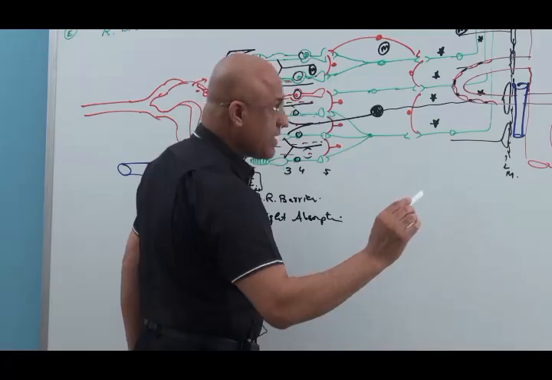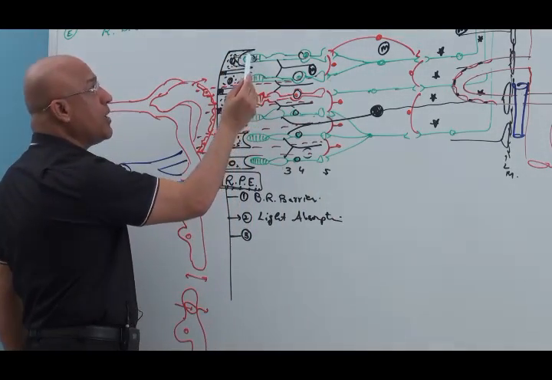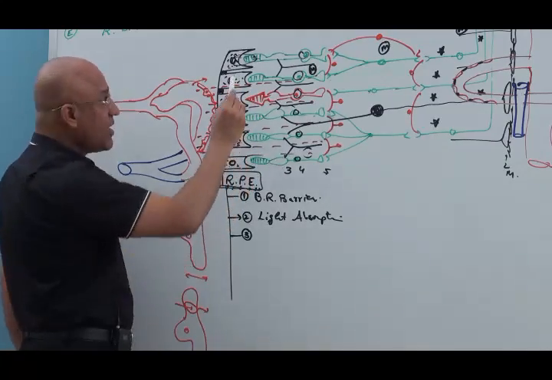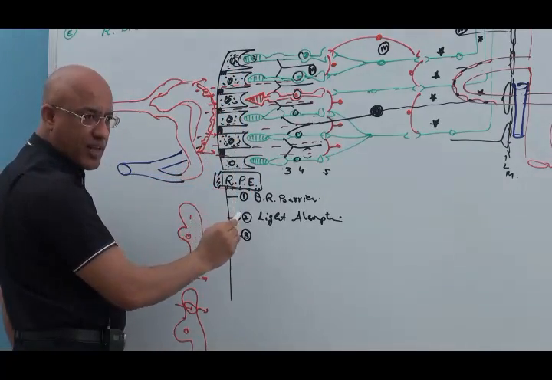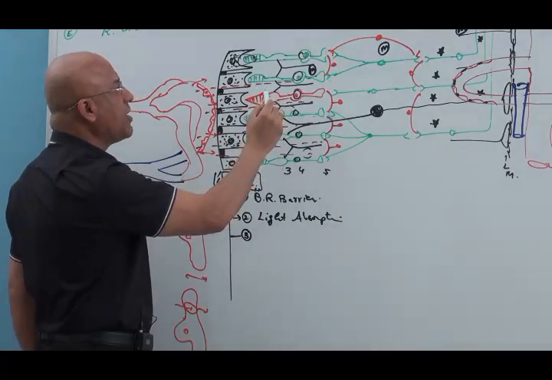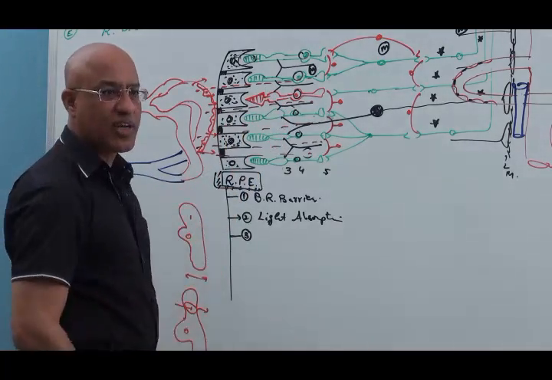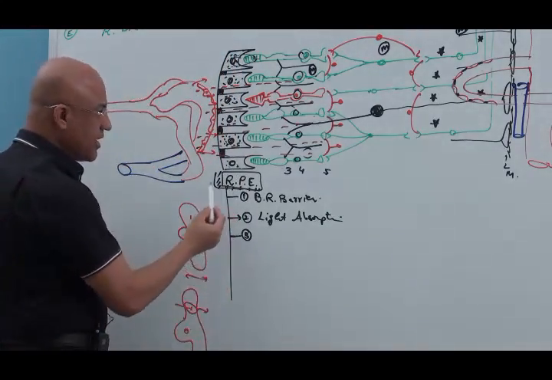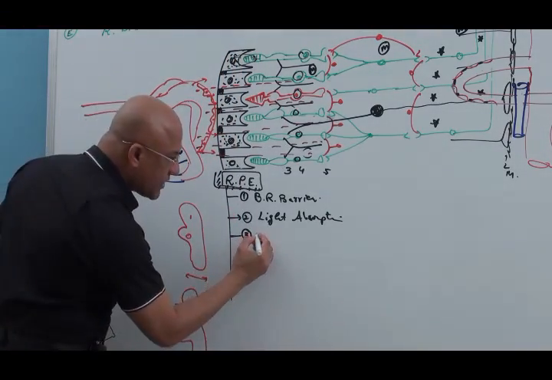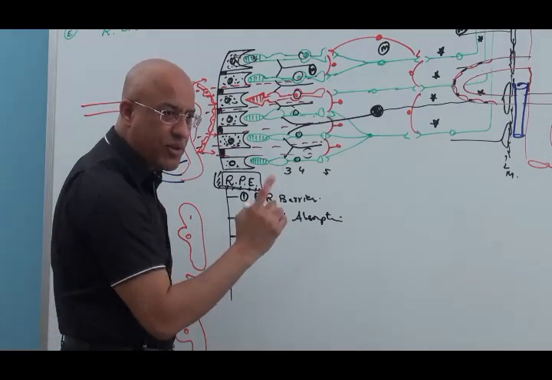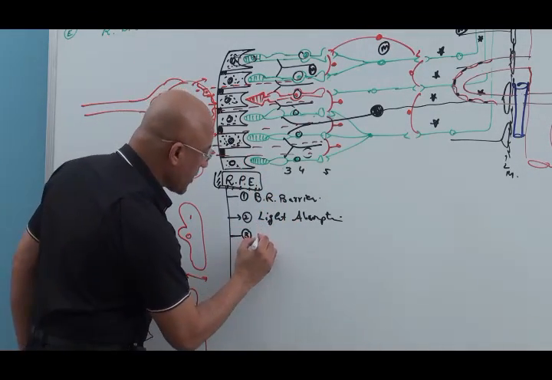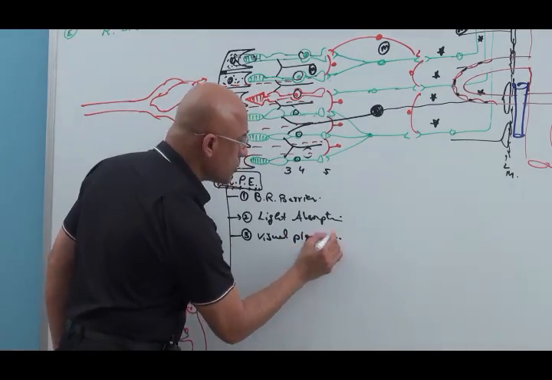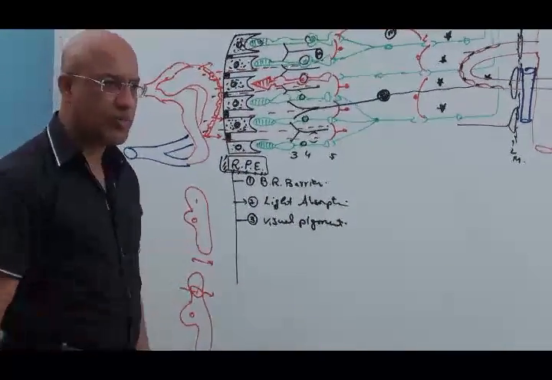But those bleached pigments are recycled with the help of the retinal pigment epithelium, and regenerated to be used again. So this is one more function of retinal pigment epithelium: regeneration of bleached visual pigment.